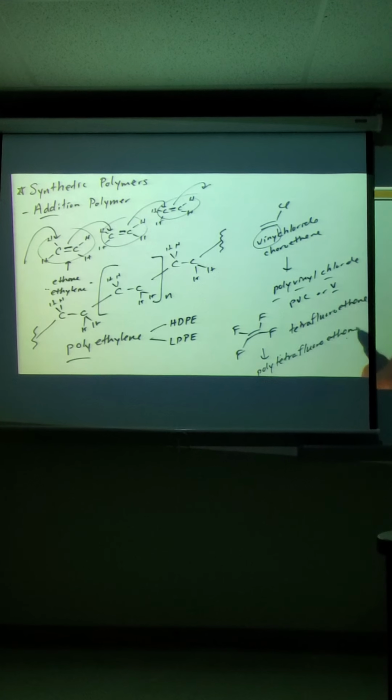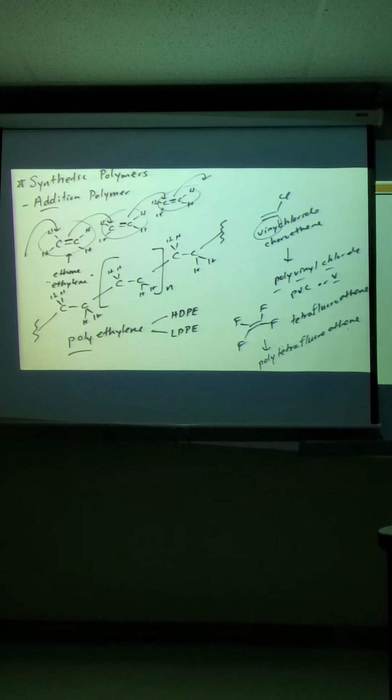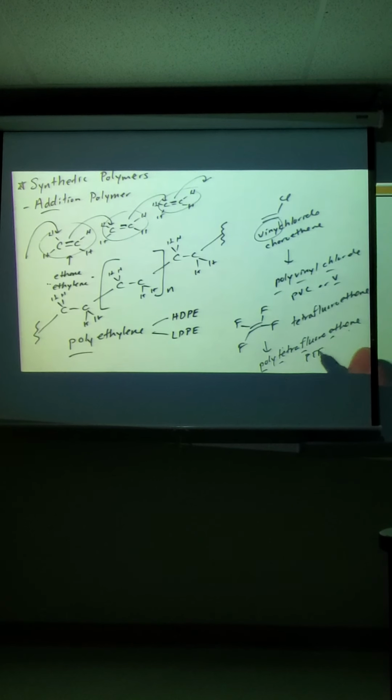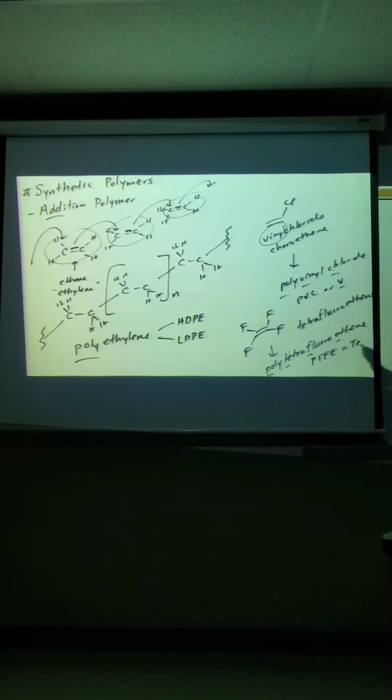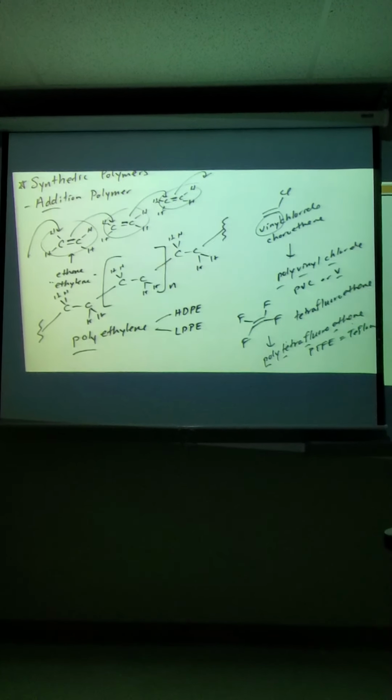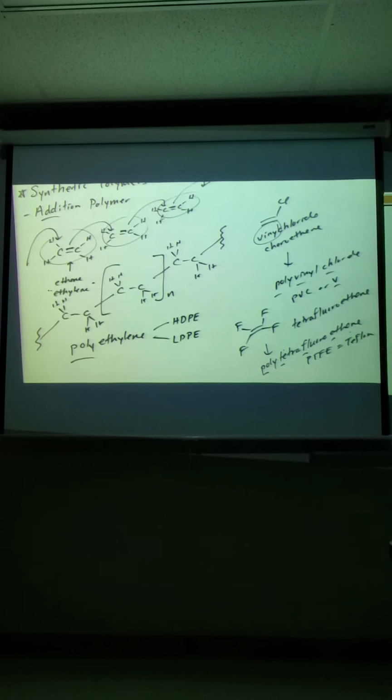Really all we're doing is adding the word poly. This is called PTFE. PTFE is Teflon. It's the white tape you put on threads in plumbing. It's also what you coat onto baking pans, cooking pans.